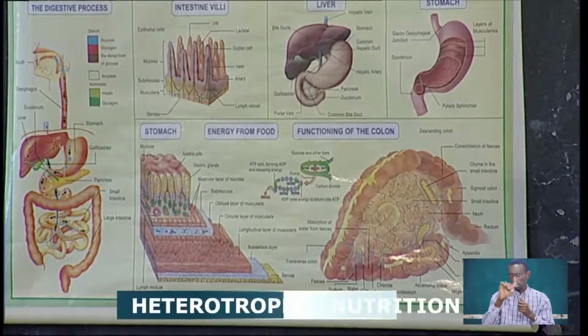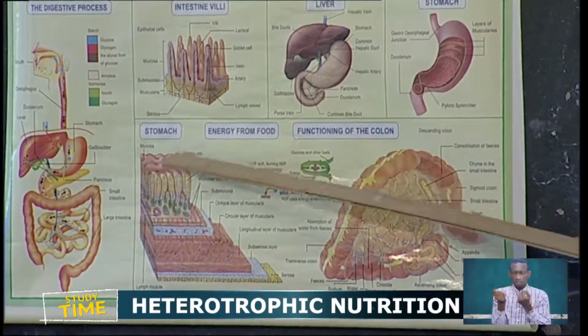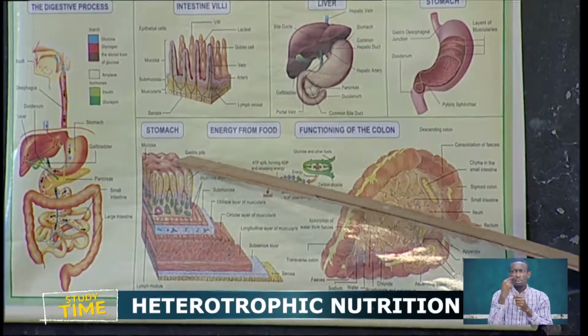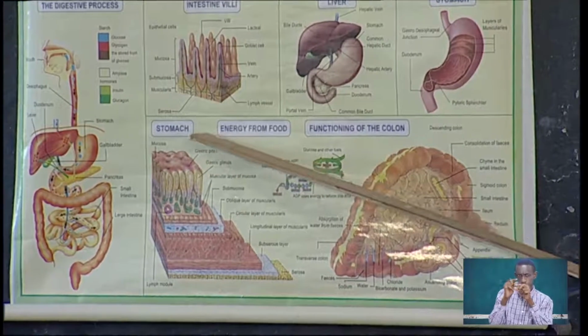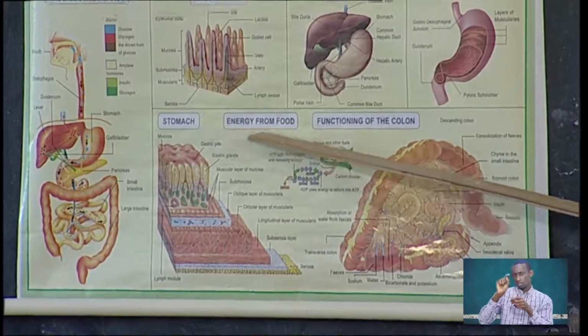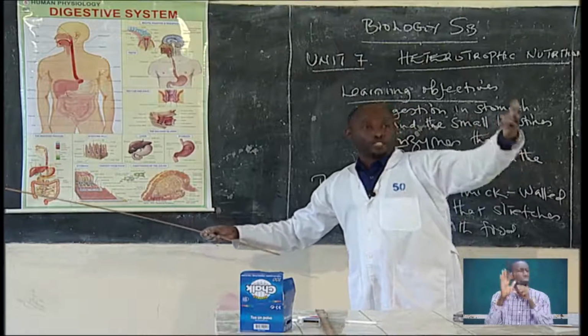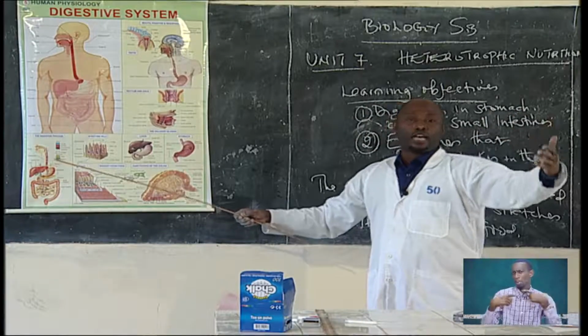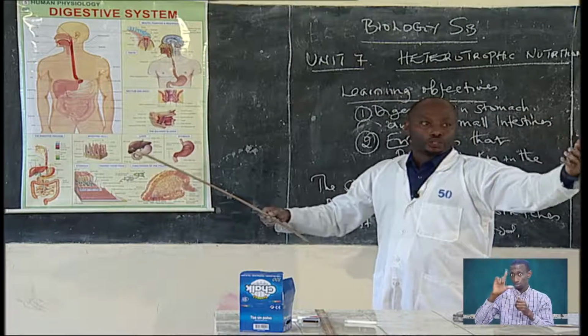The gastric pits normally originate from the gastric glands, and the gastric gland secretes very useful substances that play a big role as far as digestion is concerned.